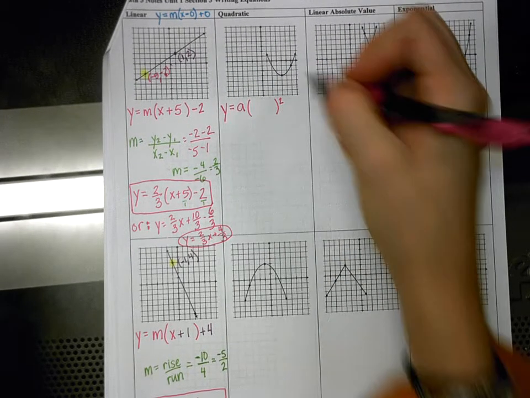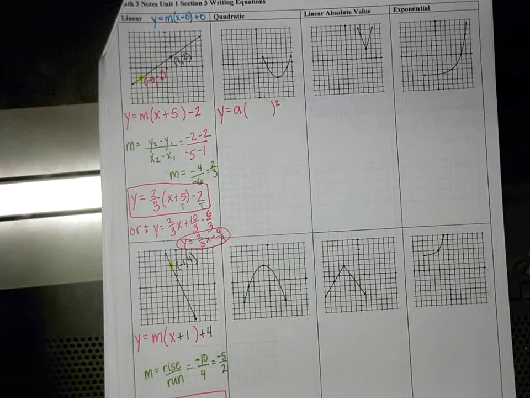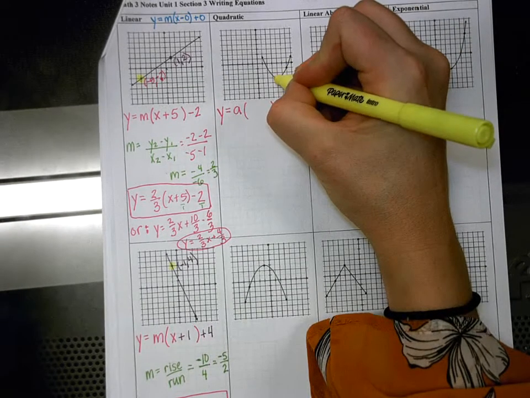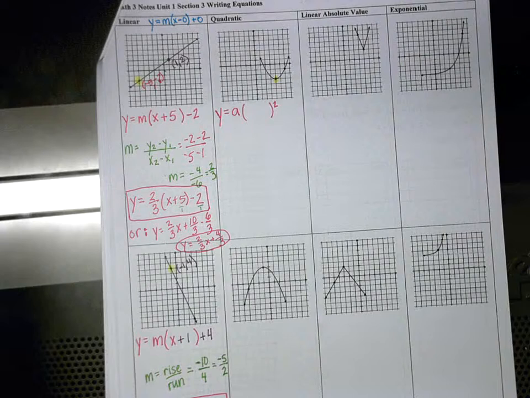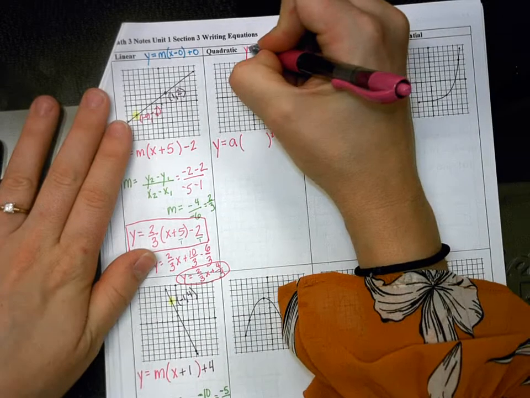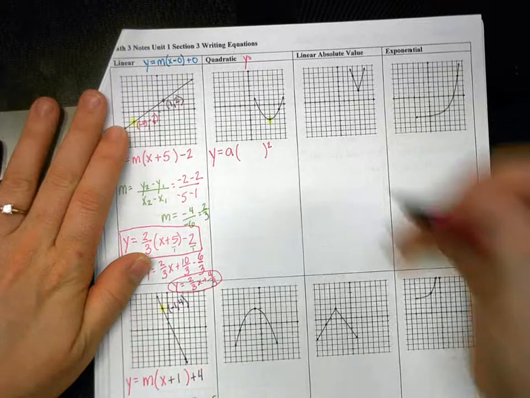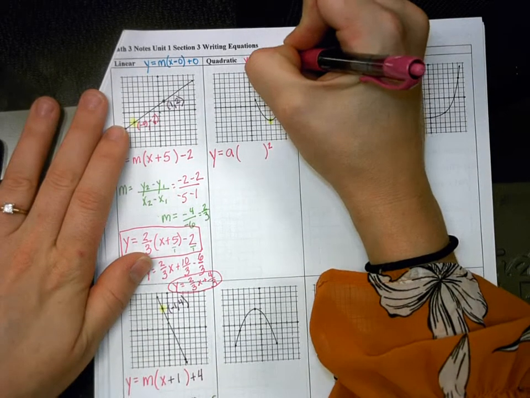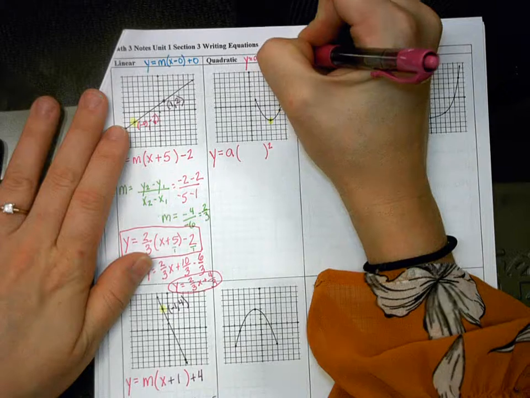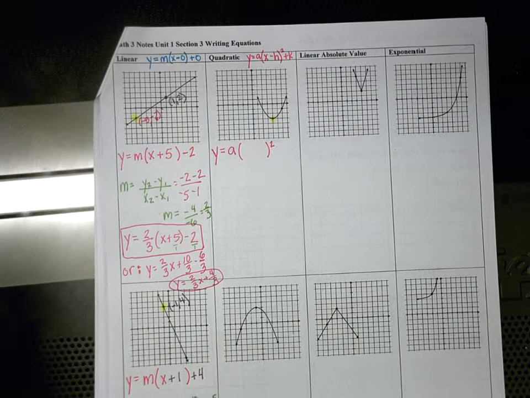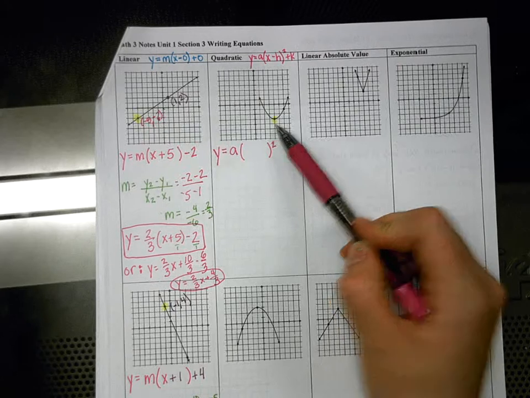And then I'm always looking at my vertex when I'm looking at my horizontal and vertical translations, because my vertex form is y equals a times (x minus h) squared plus k. So I'm finding that h and k from my vertex. What is my vertex?